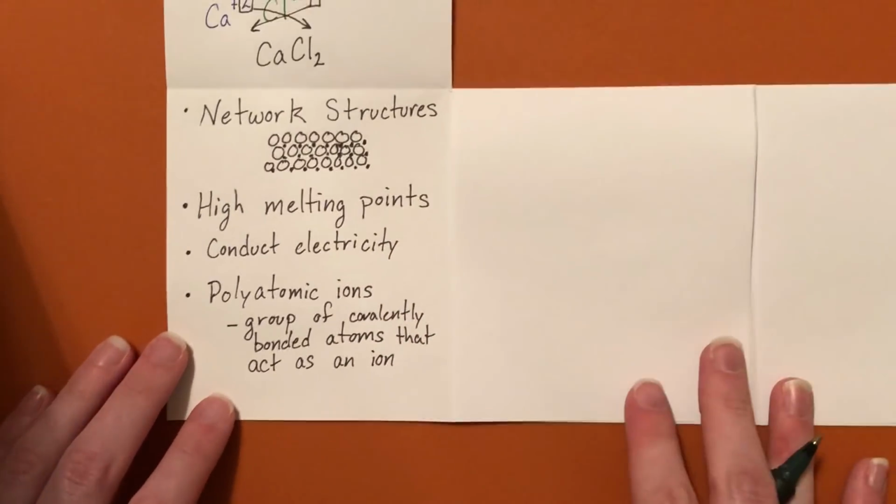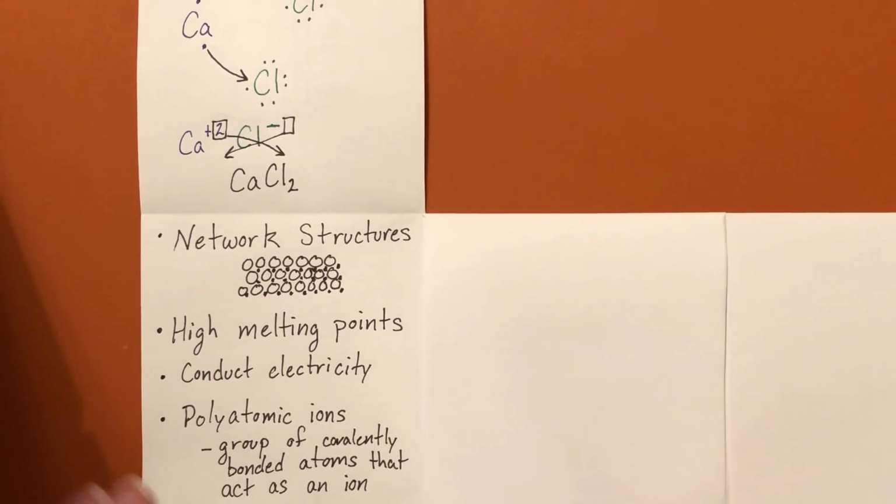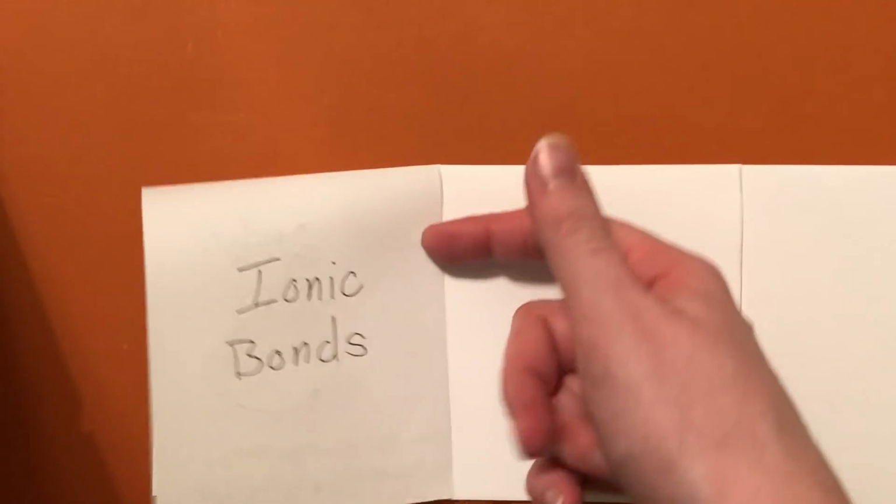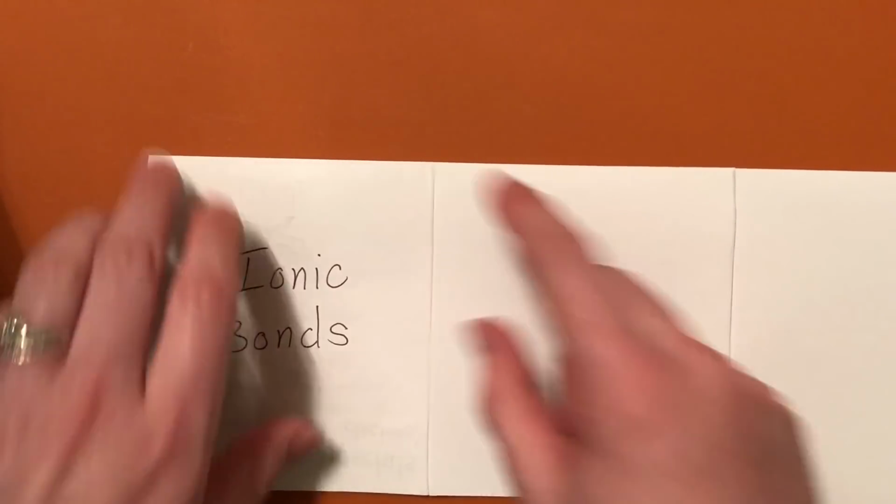So polyatomic ions are a group of covalently bonded atoms that act as one ion. And that is everything that we need to know about ionic bonds.